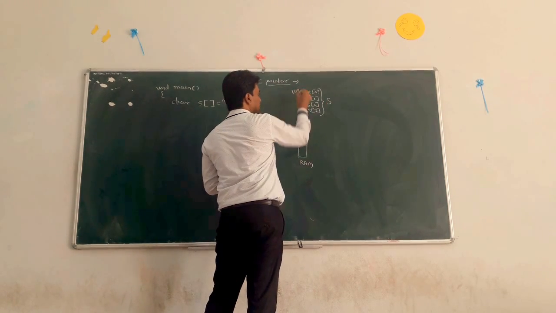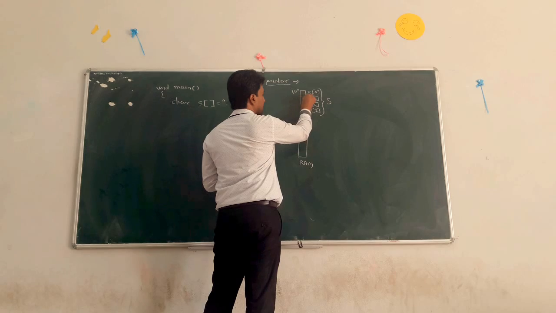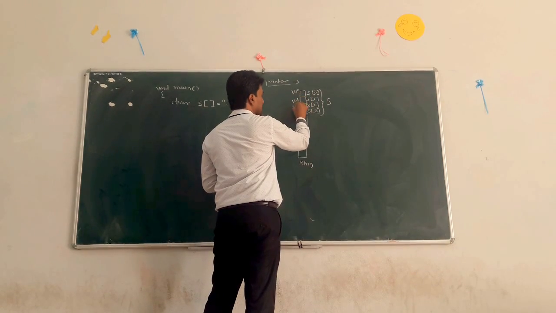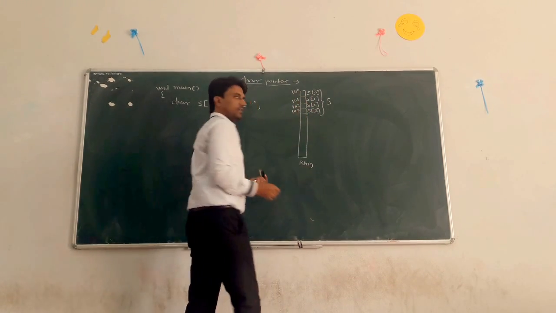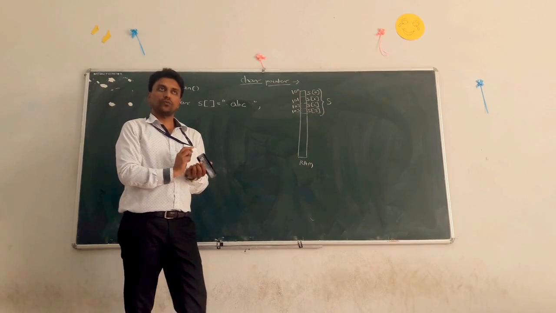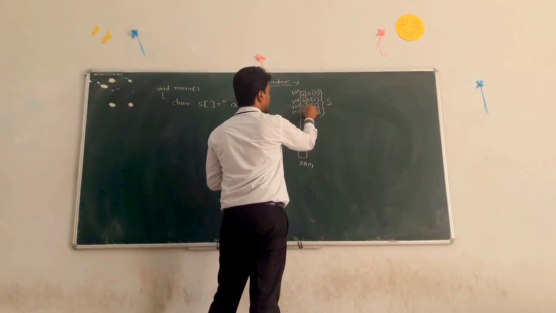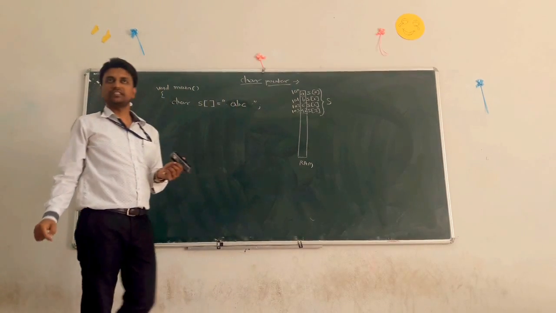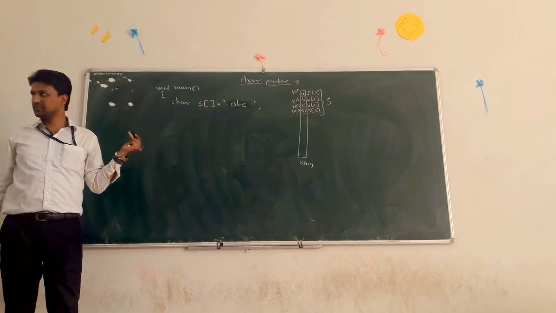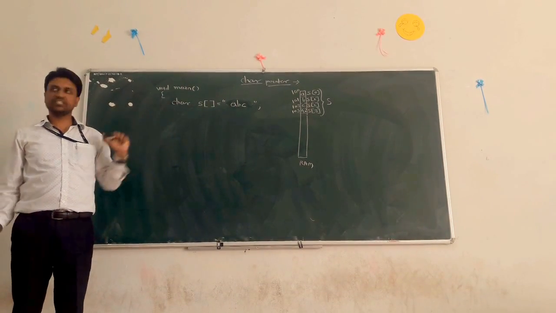Suppose the base address is 100. Each character requires 1 byte, so 101, 102 and 103. Total 4 bytes are reserved: A, B, C and \0 at the end of the string, automatically added by your compiler. This is called string initialization.